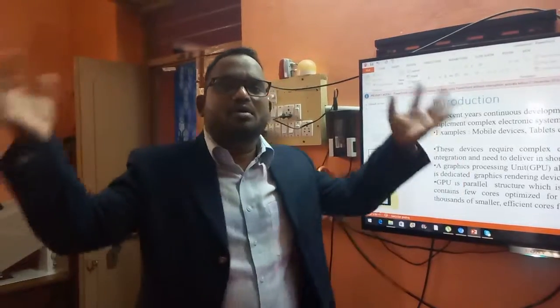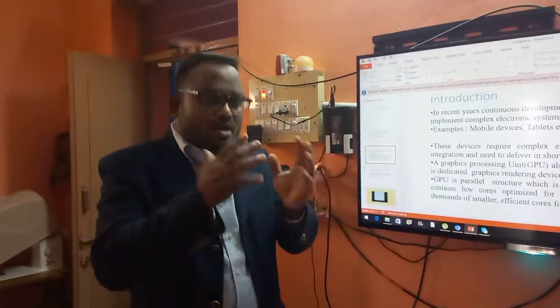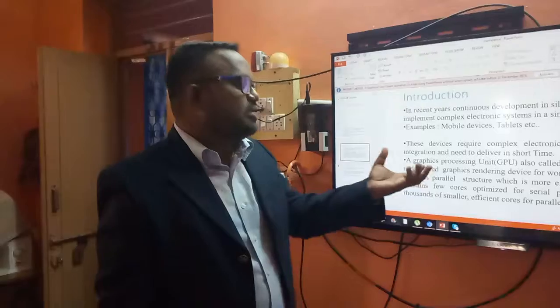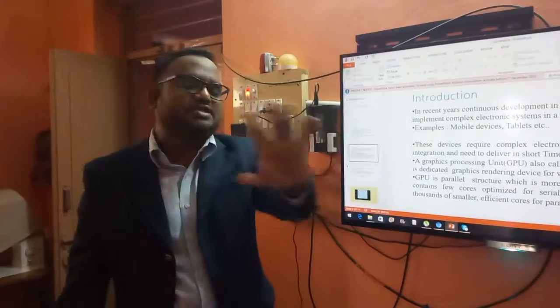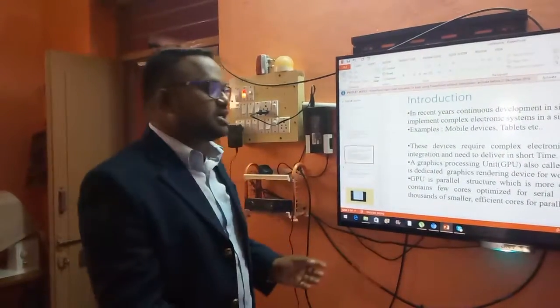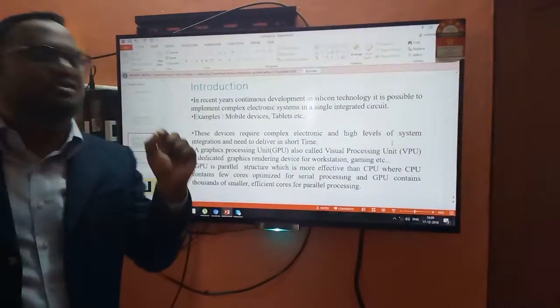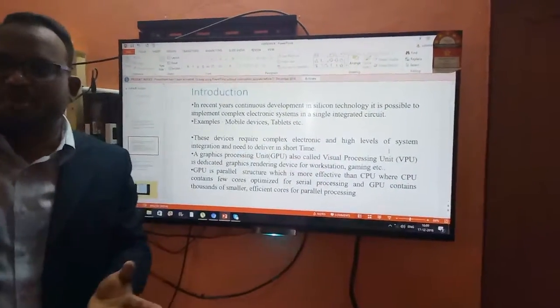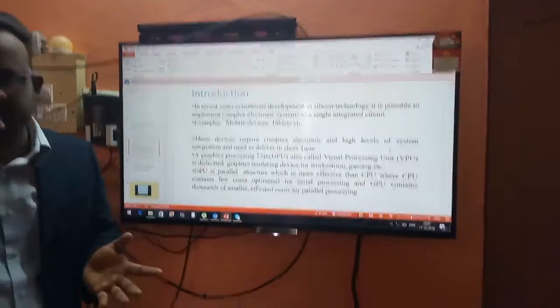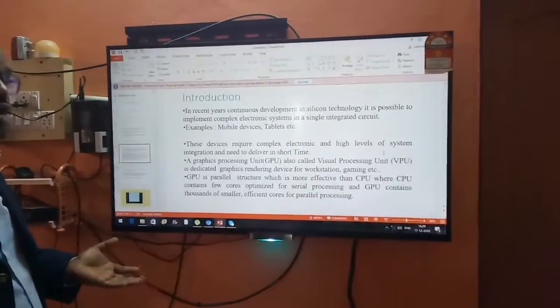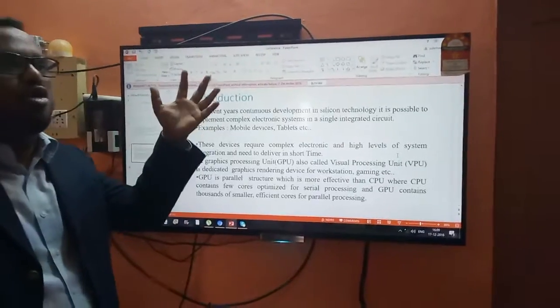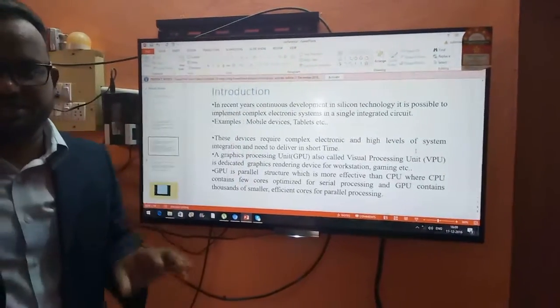That means we are gathering all the different requirements in one complex electronic device, with a high level of system integration that needs to be delivered in a short time. That is mobile. We are using fast transactions by using the mobile. So here in mobile we are gathering all the features in one architecture.